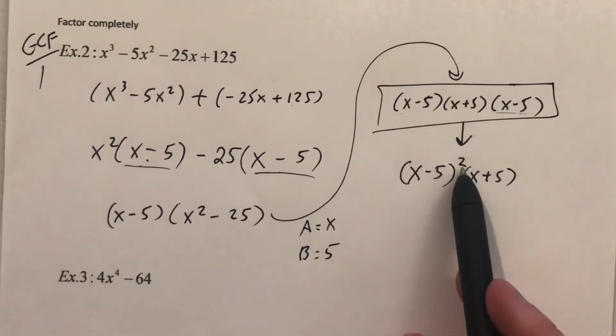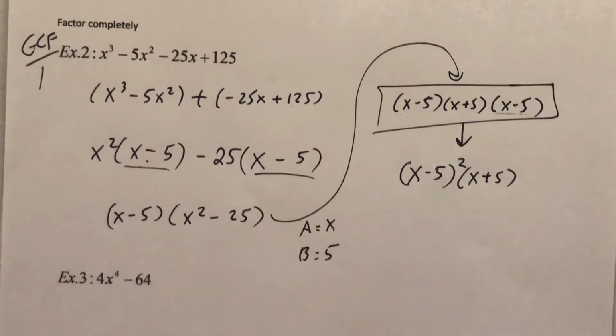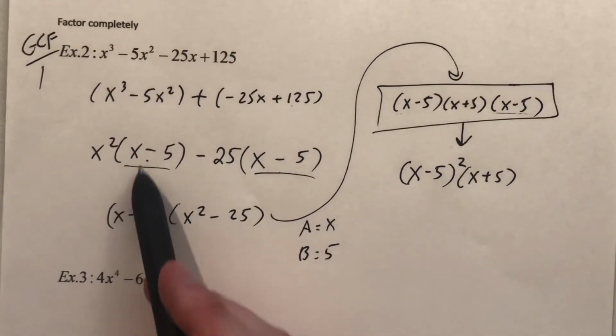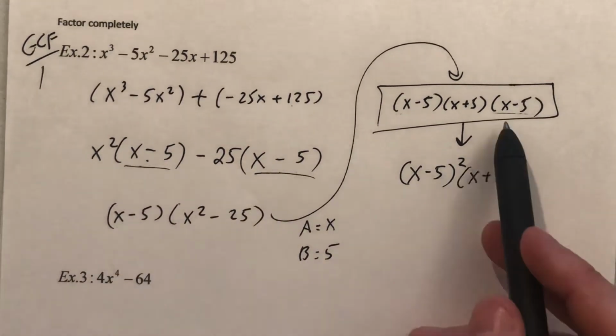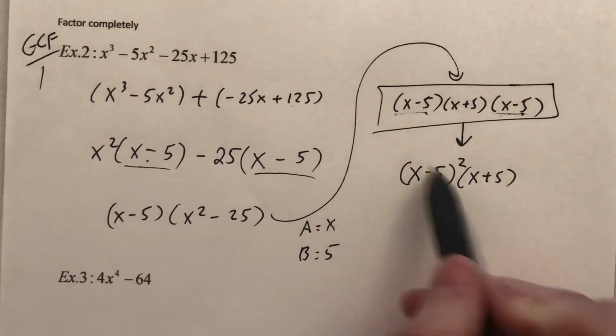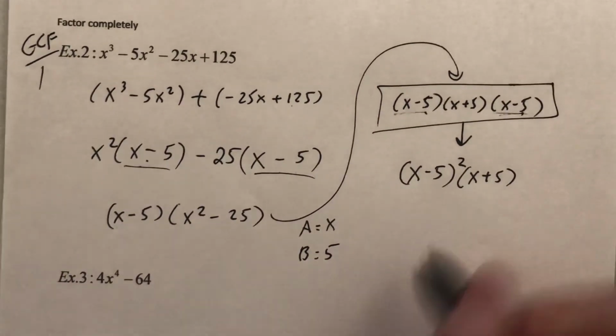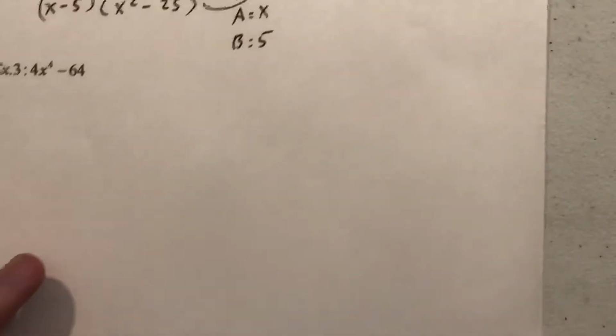But again, this is very different from this, right? We will never look at these and say, that's x minus 5 squared. This is the process of grouping where these exist as the GCF coming out. Here, you've got 2 of the same factor that you're just saying is the same as saying that thing squared. So that works as well.